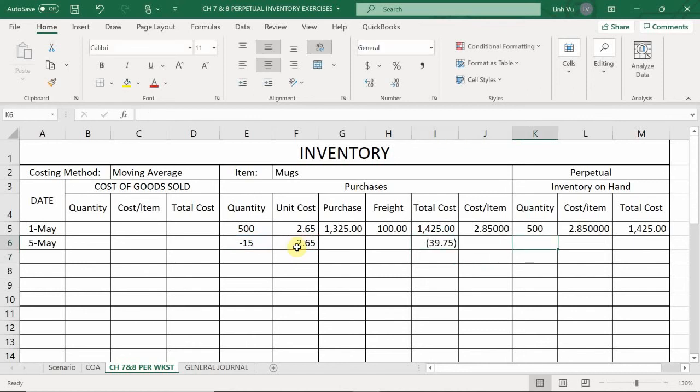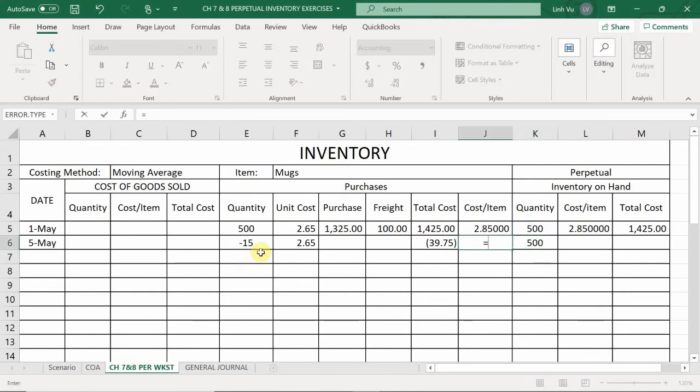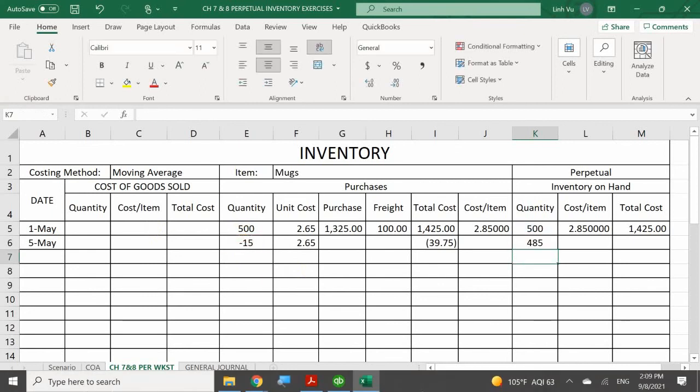I'm going to plug in those numbers here, because I no longer have 500, I have 15 less. 500 minus 15 is going to give me 485.